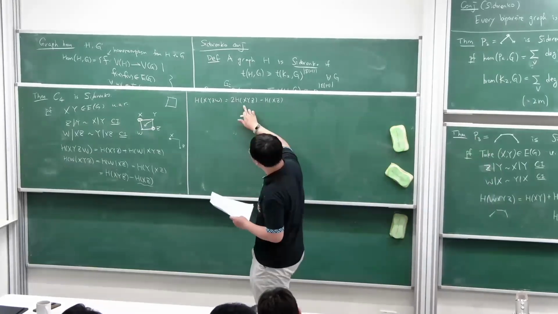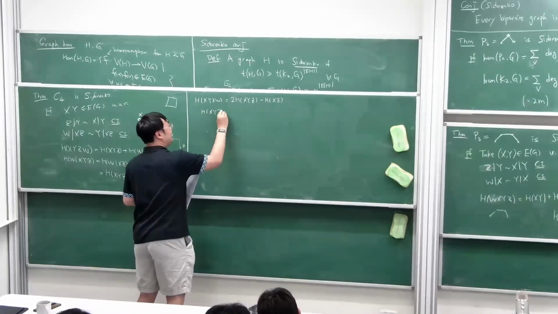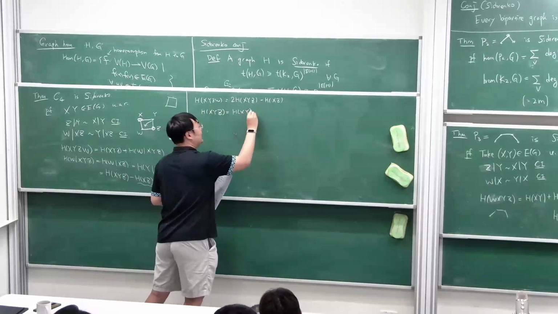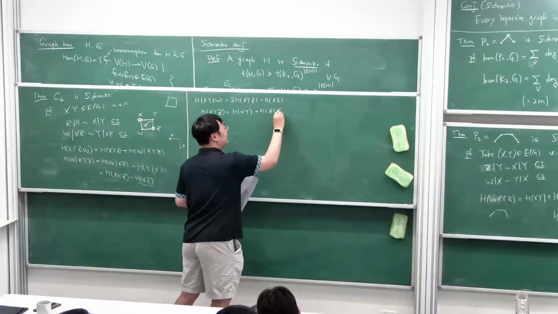And we want to compute this term. So remember, the entropy of XYZ is the same as the entropy of XY plus the entropy of Z given XY.